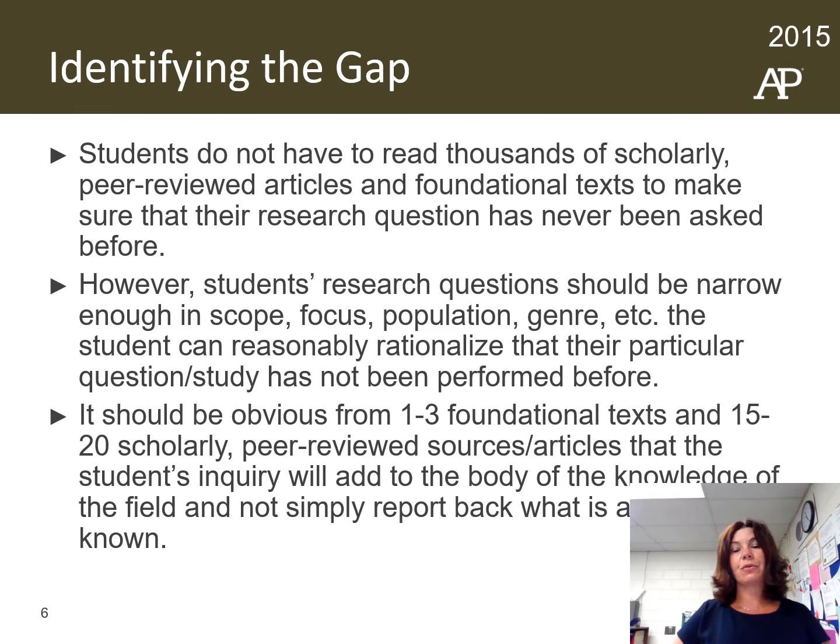In addition to those few foundational texts, you'll then likely have 15 or 20 scholarly and peer-reviewed sources, as well as maybe some websites and videos. But not all of your sources are you going to use a huge amount of information from. But it is necessary to have a good variety of sources to show that you have a variety of input, that it's not just a single perspective.